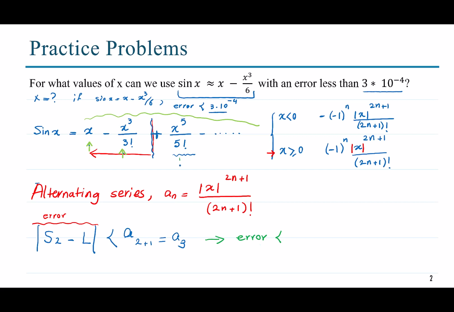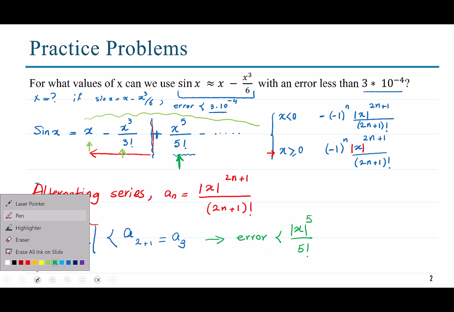What is a3? A3 is this thing here. But remember, a was always positive, so this is the absolute value of x. Now, this is what I find for the error.